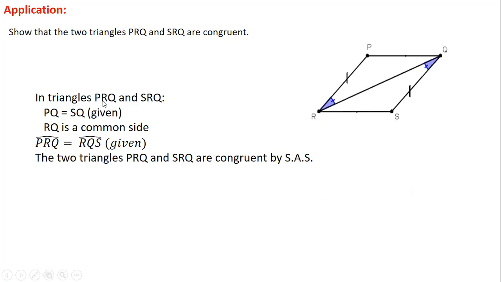In triangles PRQ and SRQ, first I see side PR and side SQ have the same marks, then these two sides are equal. Side RQ is a common side between the two triangles. Angle PRQ is equal to angle RQS in the second triangle. Then these two triangles are congruent by SAS.